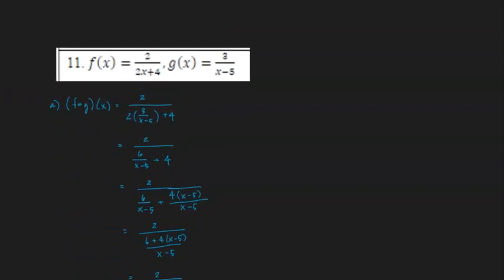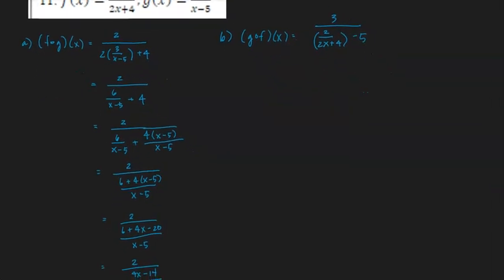Now let's go ahead and figure out g of f of x. So g is my input function. There is my input. 2 over 2x plus 4 minus 5. I can go ahead and simplify this function and that function inside.